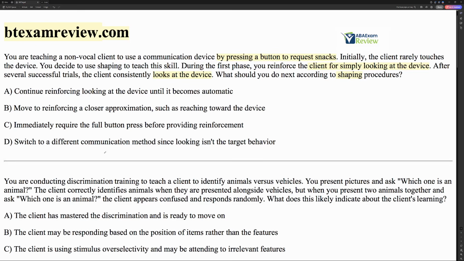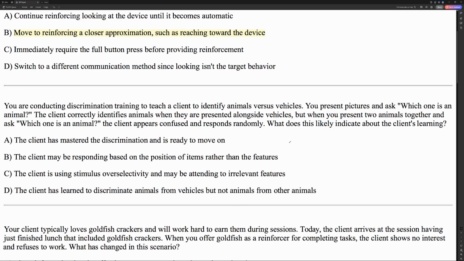D, switch to a different communication method since looking isn't the target behavior. Well, that doesn't really apply. The target behavior, or the terminal behavior, is pressing the button to request snacks, and we're trying to get there through approximations. Looking is just an approximation. So what we want to do now is move to reinforcing a closer approximation, such as reaching toward the device.